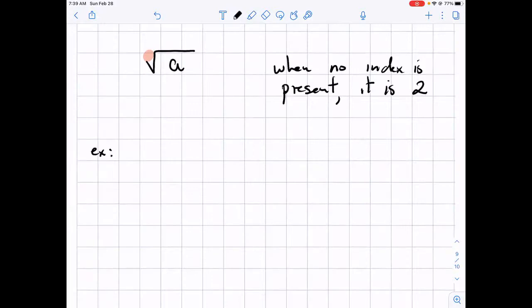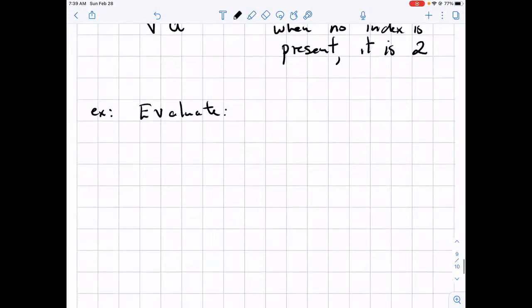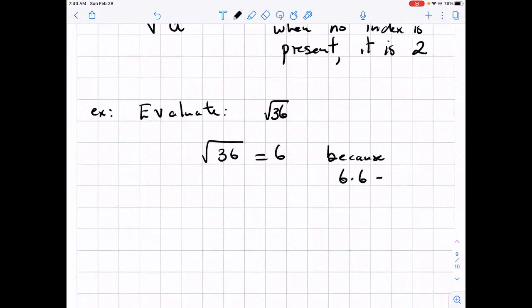So if I ask you to evaluate the square root of 36, the square root of 36 is equal to 6 because 6 times 6, or 6 squared, is equal to 36, right?